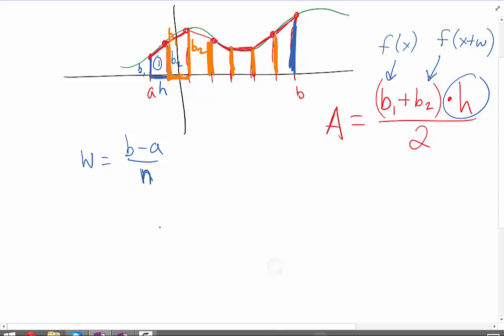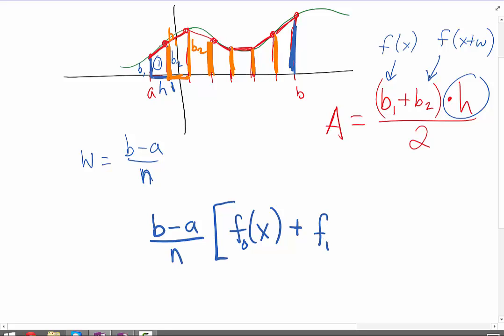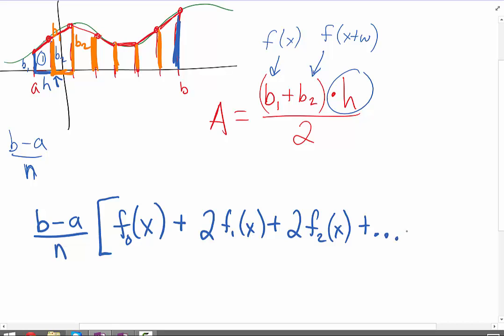So in our formula, we take b minus a divided by n, and then we multiply by just 1 for the first one, this would be f of x, which we'll call f0 of x, or y0, plus now it's our first x, which would be this first point here, but we do that twice, so plus 2 f1 of x, plus 2 f2 of x, and we keep going, plus dot dot dot, until the very last point, that fb of x, which only happens once.